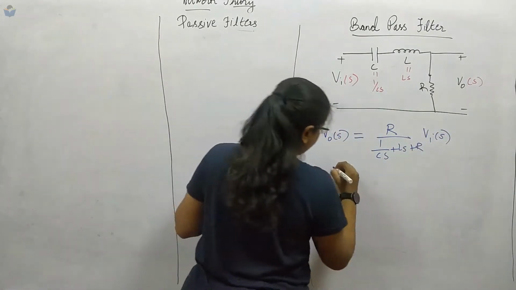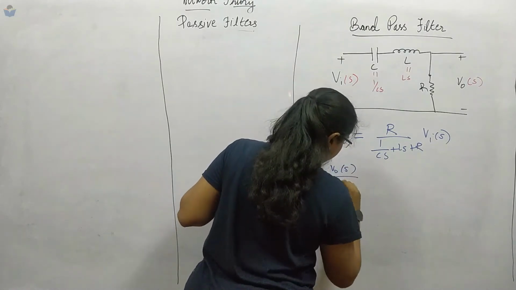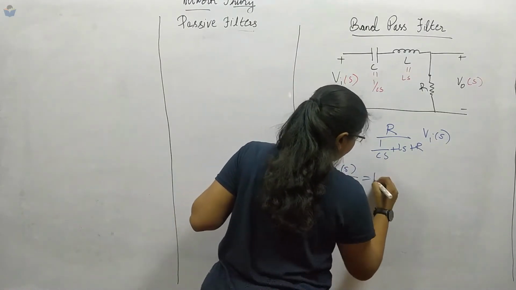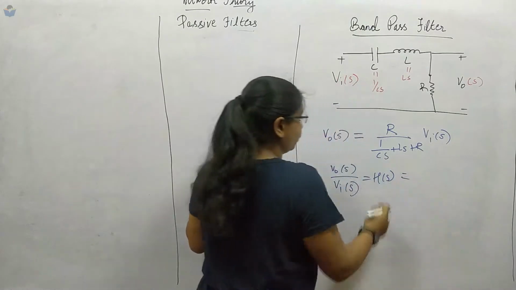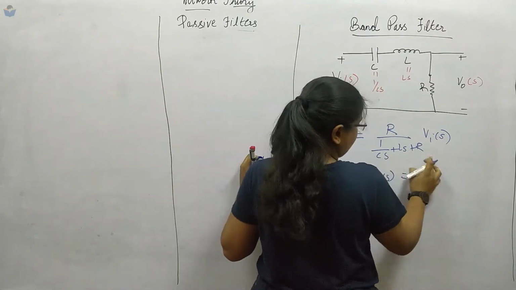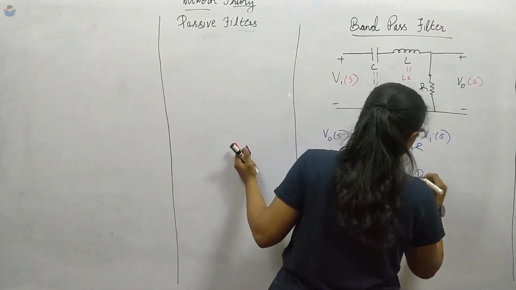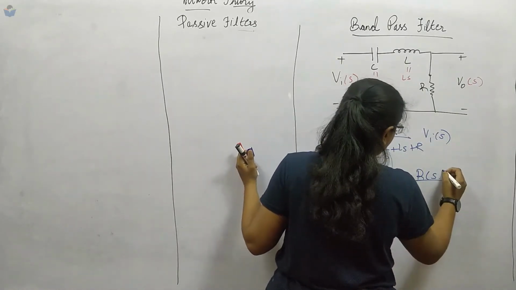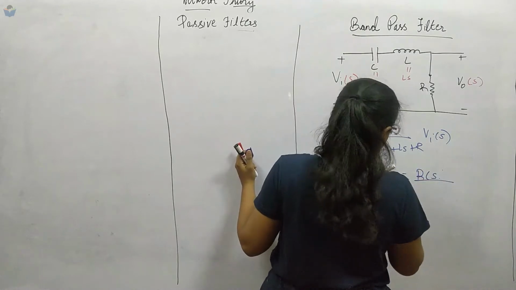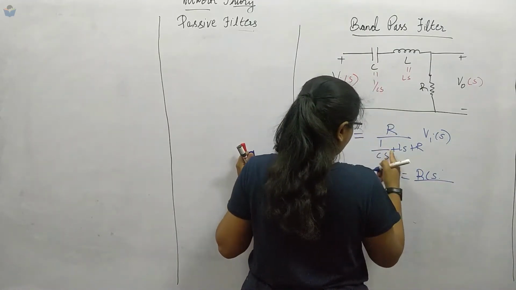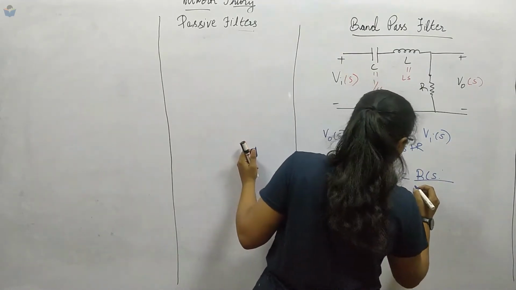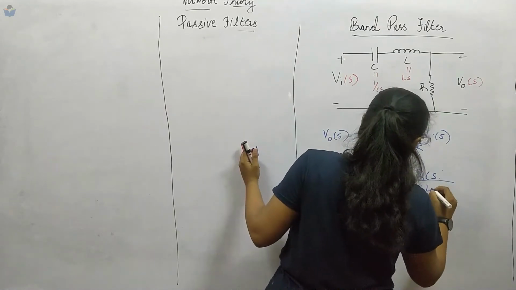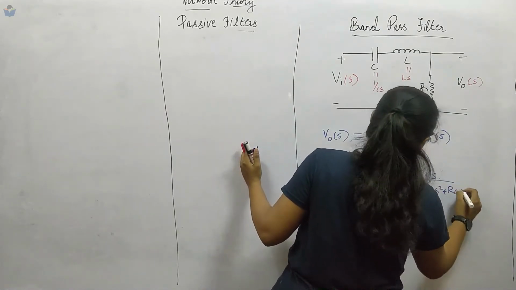So now the transfer function, H of S, equals V naught of S divided by Vi of S. Take the LCM, and Cs will go over the top, divided by 1 plus LCS square plus RCS.